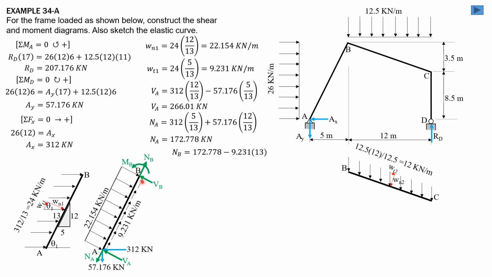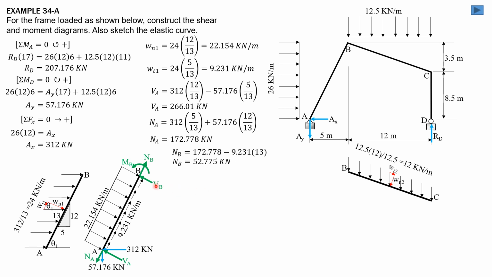By the way, going back here, NB is equal to NA, 172.778, minus 9.231 times 13, the length of AB. So NB is 52.775 kilonewtons.